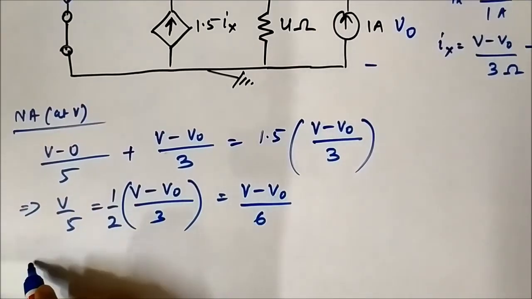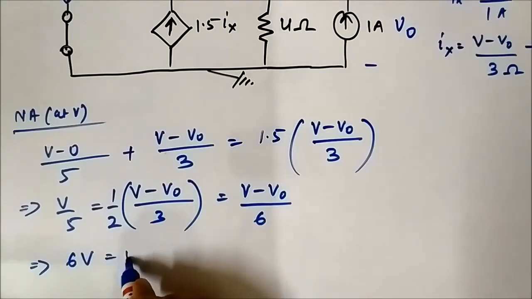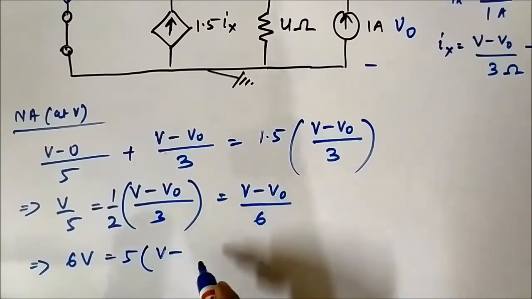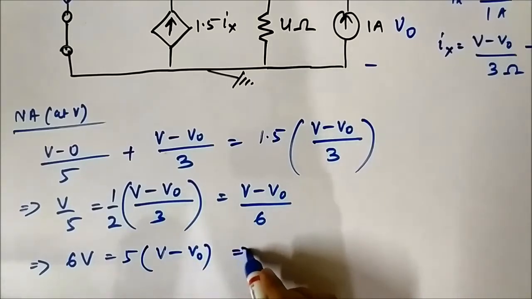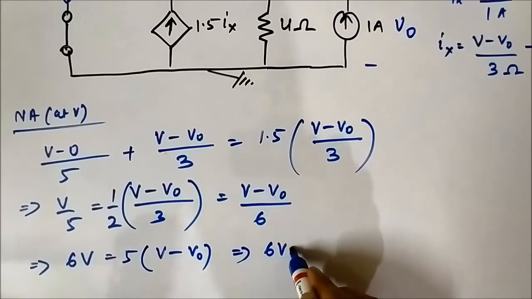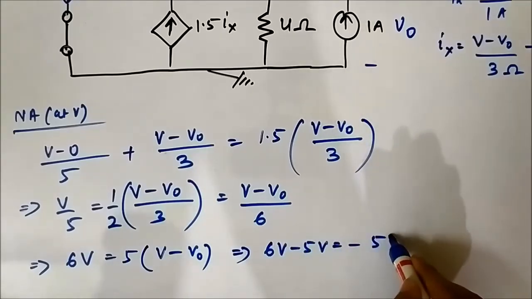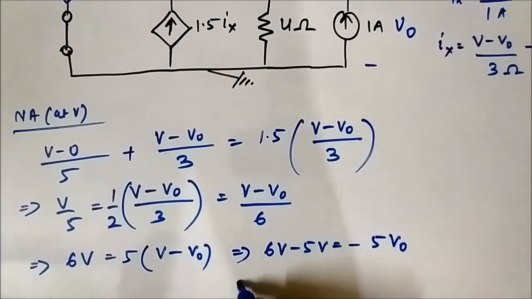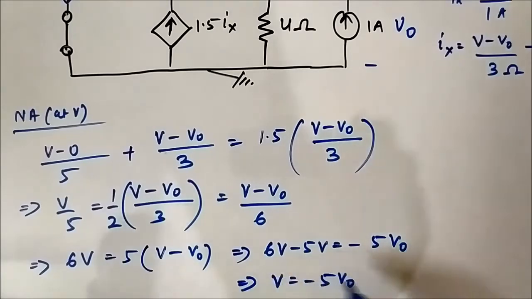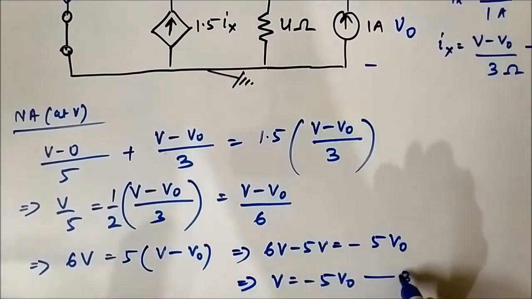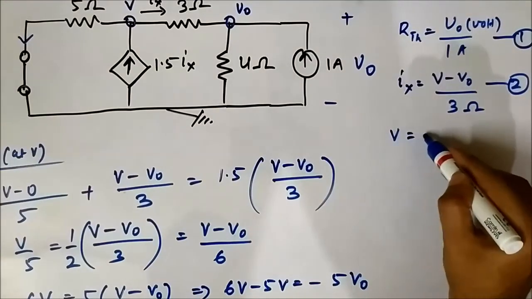That implies cross multiplication, 6V is equal to 5 into V minus V0, that implies 6V minus 5V is equal to minus 5V0. That implies V is equal to minus 5V0. This is another important relationship, the third important relationship. V is equal to minus 5V0.